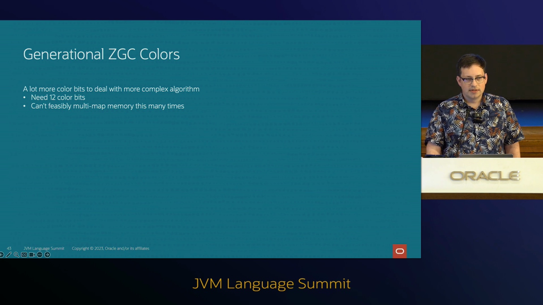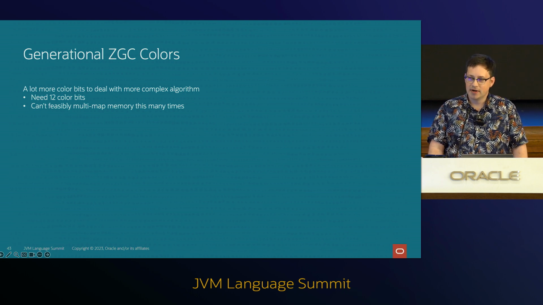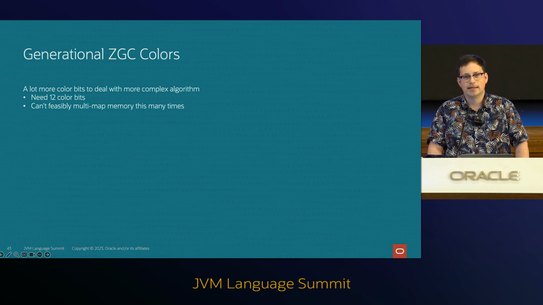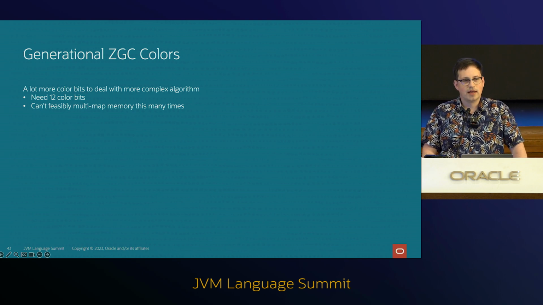Now with generational ZGC, we have an extra generation, it's running at the same time, so they have completely different life cycles. So we end up needing a whole bunch of more colors. And in fact, we ended up in a design where we need 12 different color bits. And as you can imagine, multi-mapping memory that many times is starting to get a little bit painful.